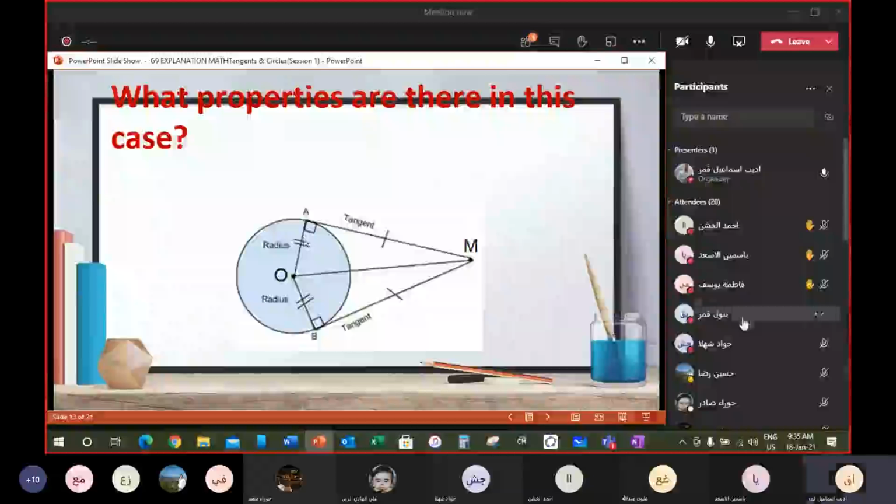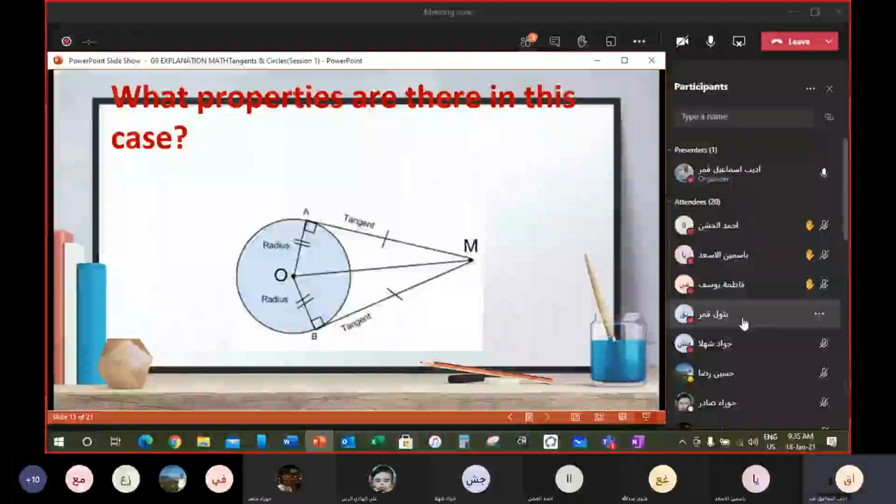Okay, to prove that AM equals BM, we take these two right triangles OAM and OBM. In these two right triangles, they have OM as a common side, the common hypotenuse, and they have OA equal to OB, congruent radii of the same circle. So these two triangles are congruent by the case HL, hypotenuse leg.